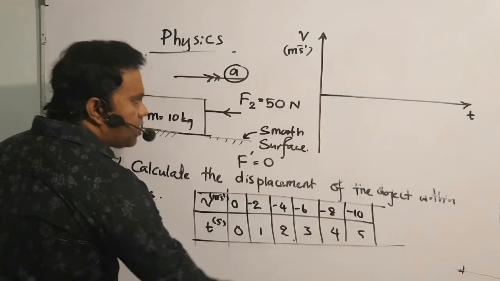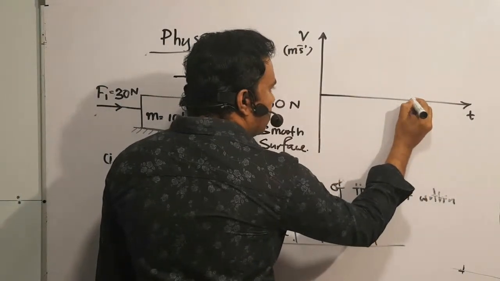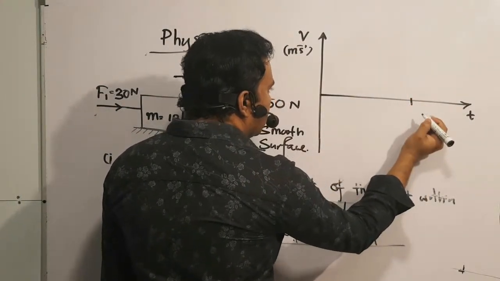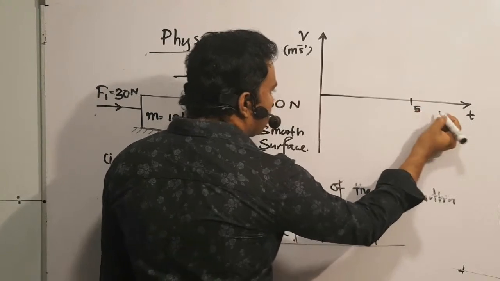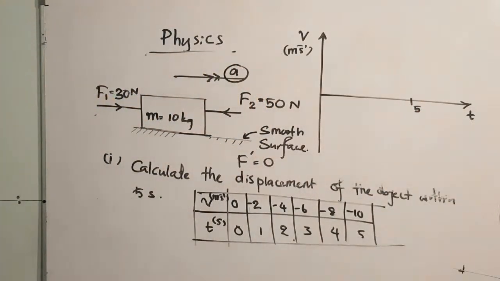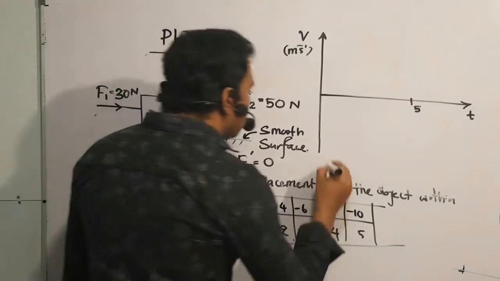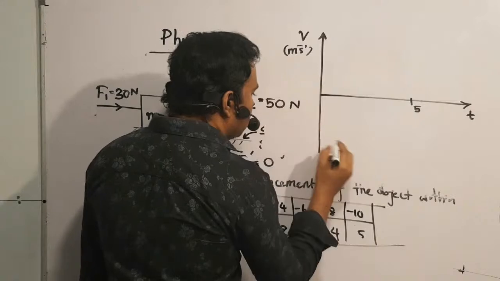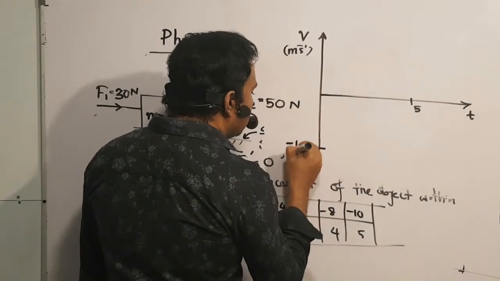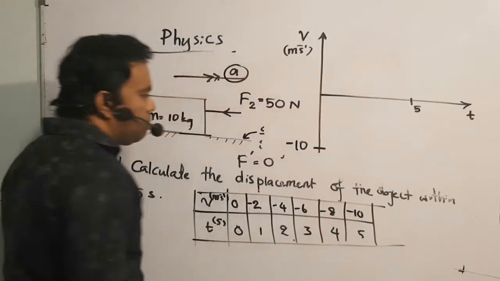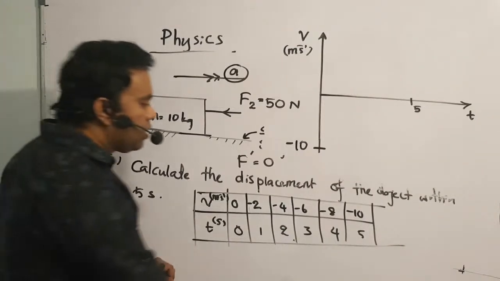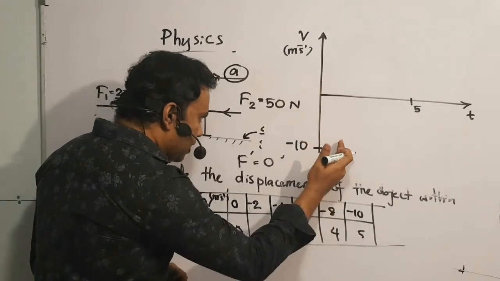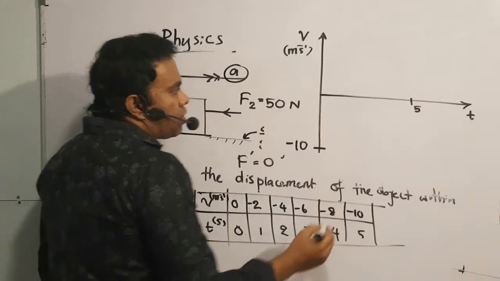Within 5 seconds of time, what happens? At the fifth second, what will be the velocity? That velocity is minus 10 meters per second. So you can plot all these values.